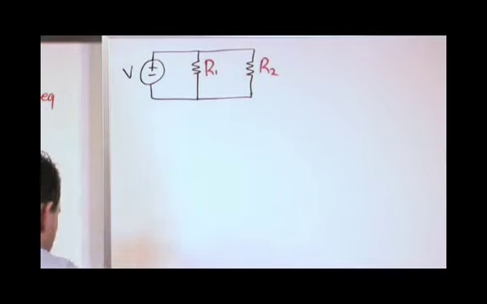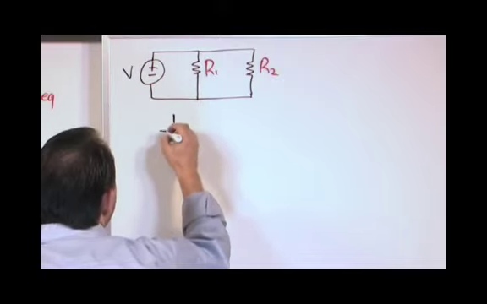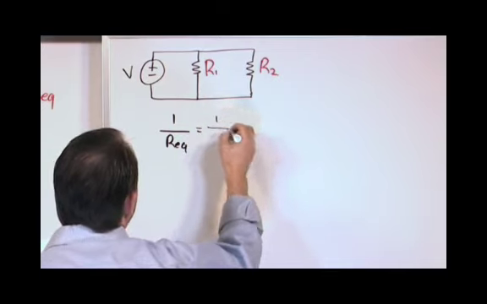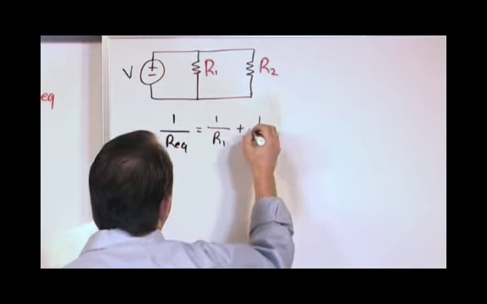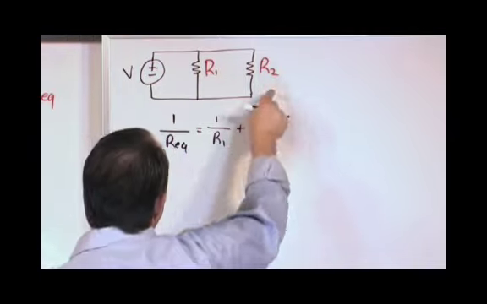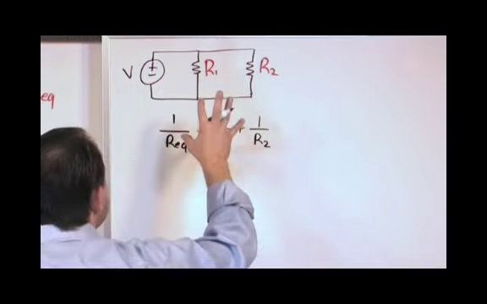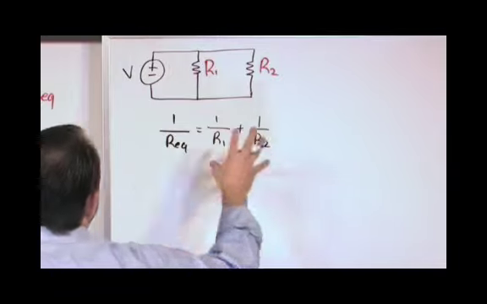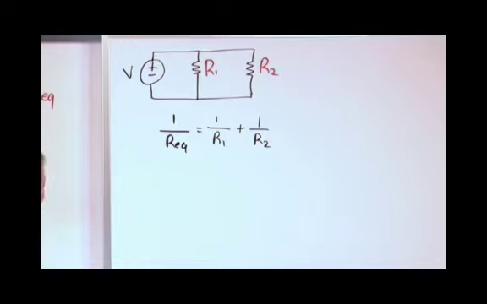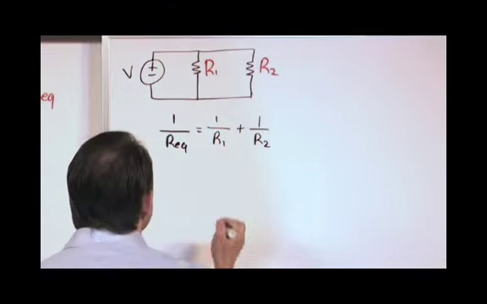We already know the equation for that. 1 over the equivalent resistance is equal to 1 over R1 plus 1 over R2. This is the answer, as I said. You can put the values in here, you're going to get a number, and then you do 1 over that final number. That flips both sides over, and you get the equivalent resistance equal to whatever value it is. However, let me show you something.